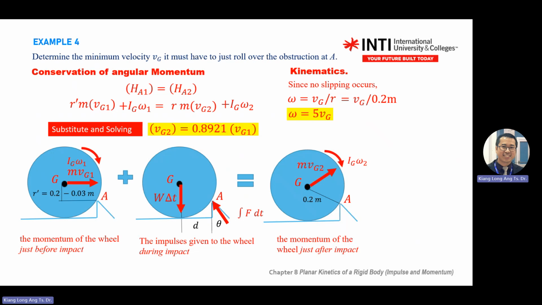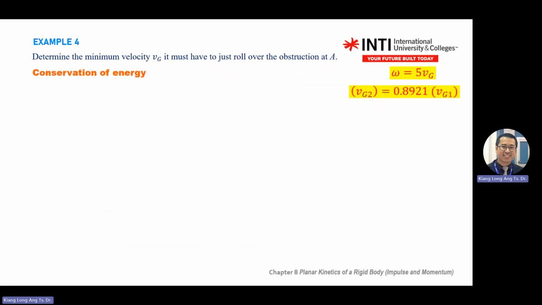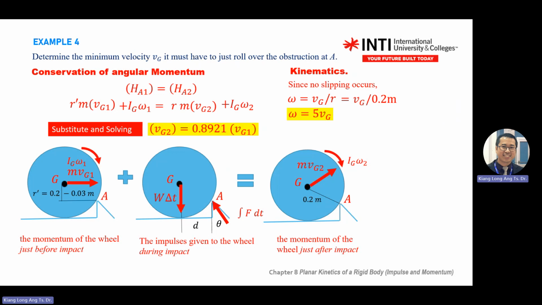So at the end, your Vg will equal 0.89 Vg1. Okay, so this is using conservation of angular momentum.